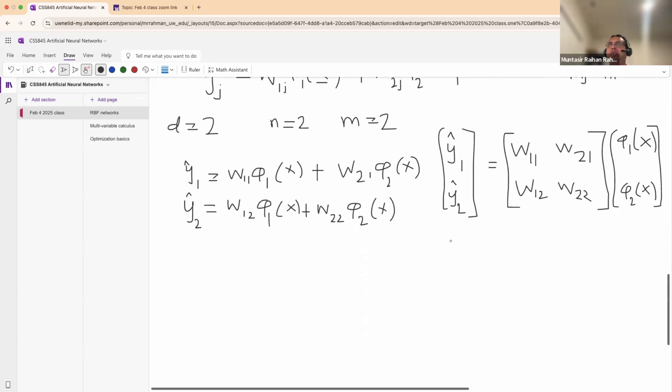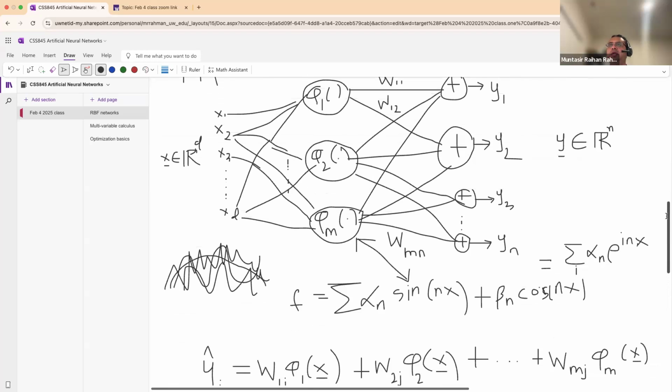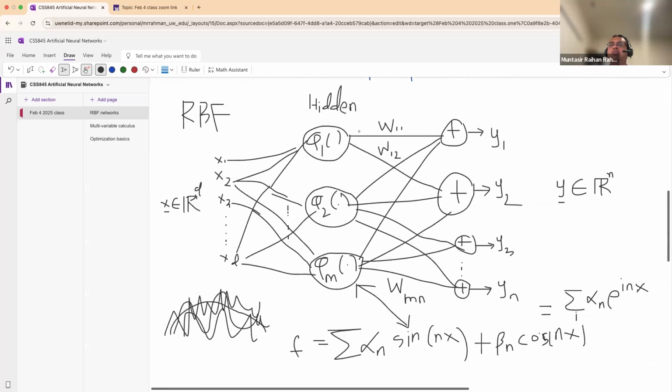Go ahead, Pranav. Could you remind me why, for the weights matrix, the way they're indexed, it's 1 1 and then 1 2? Yeah, it's a convention that here the first dimension of my weight matrix is coming from the radial basis function layer, and the second one is the output layer.